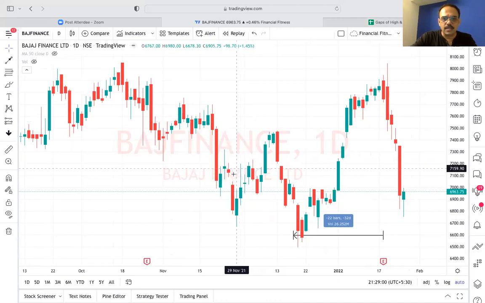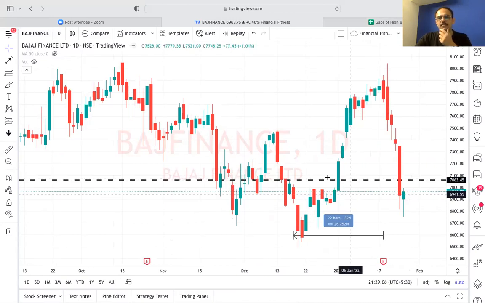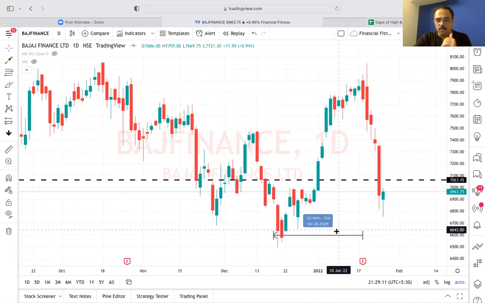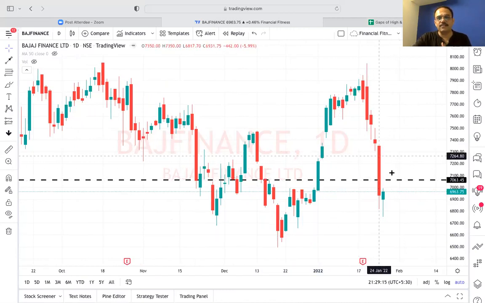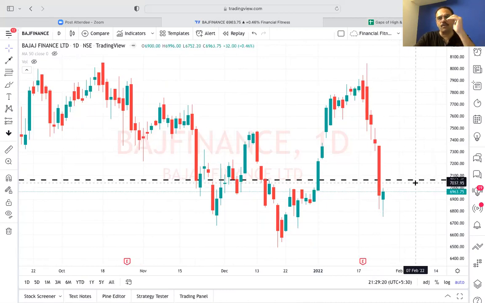Okay, so this is the gap here. It did not act as a support. Now, since it has gone down, it will be a little challenge for Bajaj Finance to cross this level. It will go sideways for some days here, right?